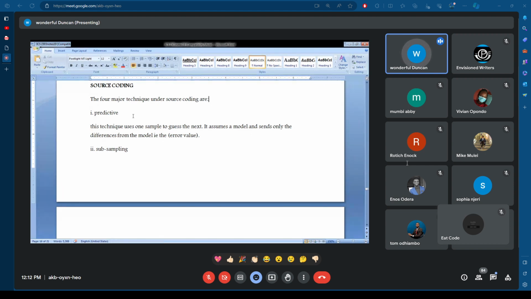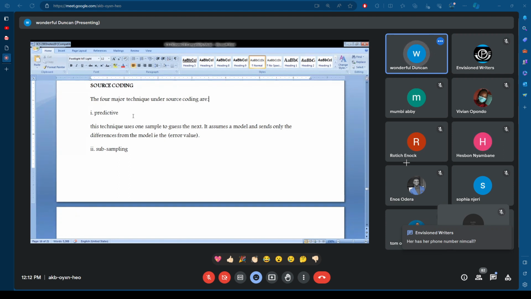So if it's a video that we want to compress, so that we send it and decompress when it gets to the other side, if we are using this predictive technique, we are saying that it uses one sample. So we have one frame. It can be an intra-frame or a predictive frame. We must know that it uses one frame to guess.